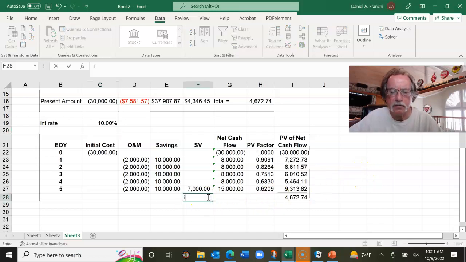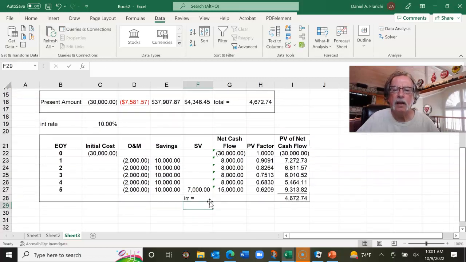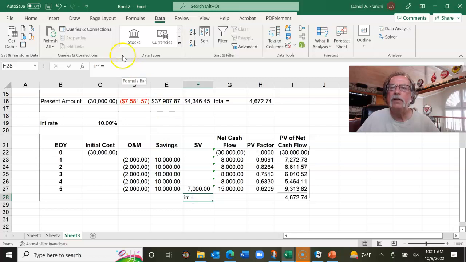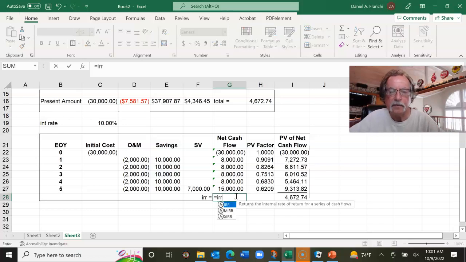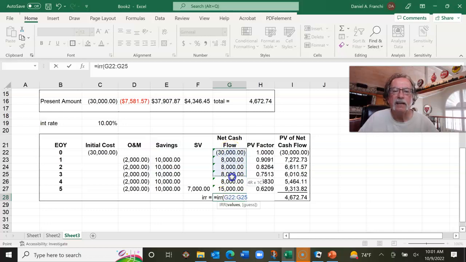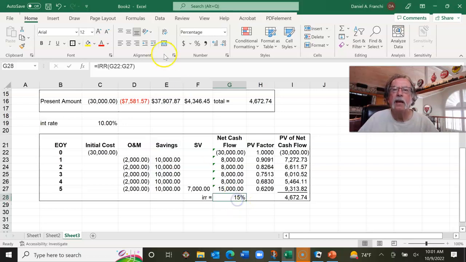The other method to do it is with the IRR function. And we utilize the IRR function on the net cash flow, not the present value of the net cash flow. And we just highlight the vector of values. And this is our interest.